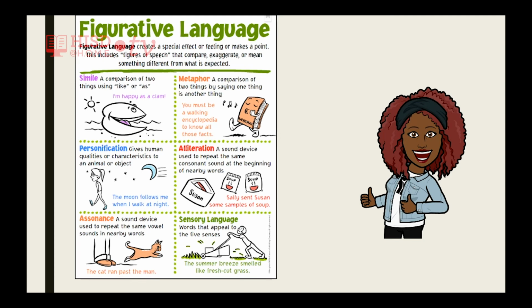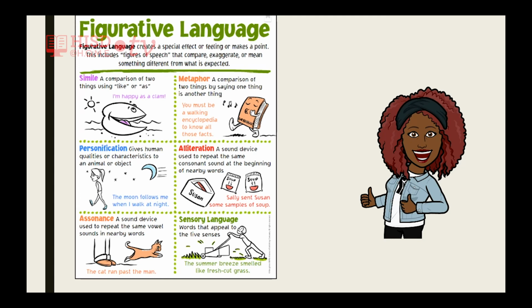Alliteration is a sound device used to repeat the same consonant sound at the beginning of nearby words. Sally sent Susie some samples of soup. Assonance is a sound device used to repeat the same vowel sounds in nearby words. The cat ran past the man.